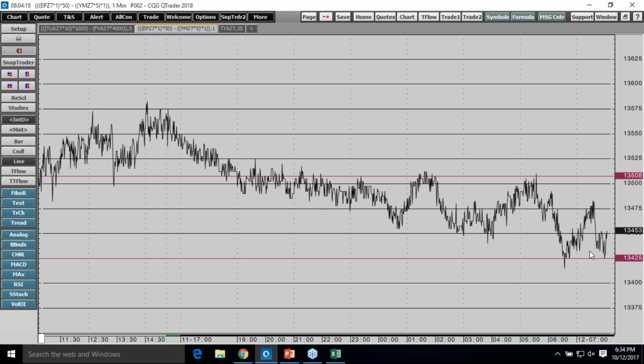Right, so I think we will keep this on watch. If the price differential comes to 13,425, I'm going to buy S&P 500 and sell Dow Jones, right? And then wait for this spread, which is the difference between the two, to revert back to a higher range, which will enable me to make a profit.